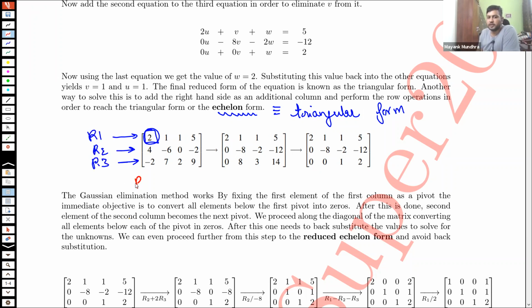So the first step is row 2 goes to row 2 minus 2 times row 1. So what happens is that this 4 will get subtracted by twice of this. This minus 6 will get subtracted by twice of 1, this 0 gets subtracted by twice of 1, and this minus 2 gets subtracted by twice of 5. Right? So let me copy this matrix from here so that we can work on this.